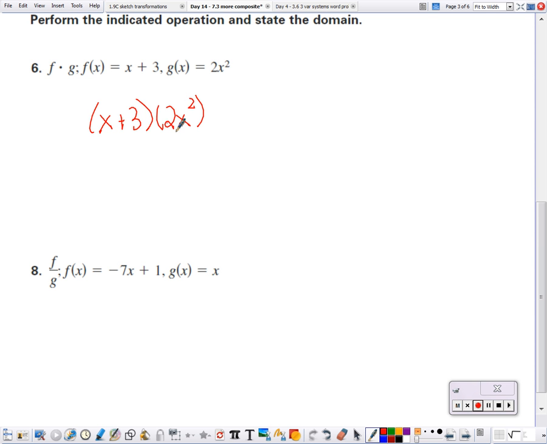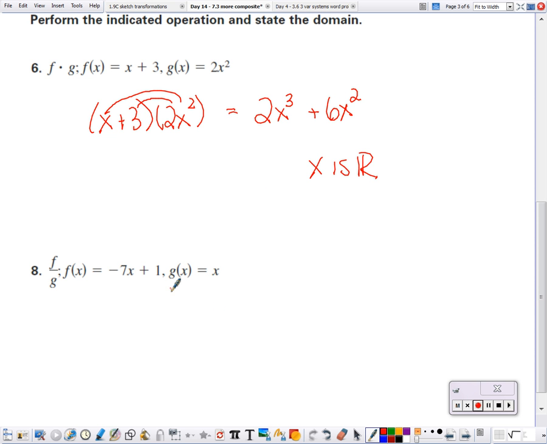So 2x squared times x and times 3 gives me 2x to the third plus 6x squared. The domain x is all reals. There's no square roots, there's no fractions, so we're okay.